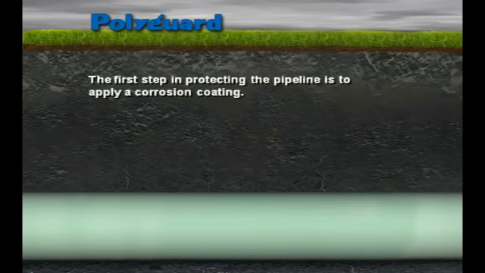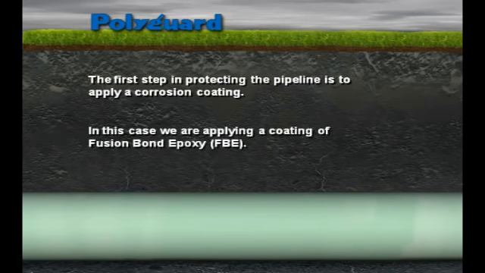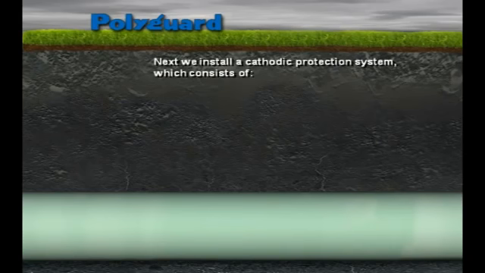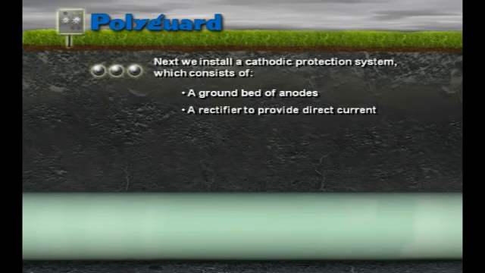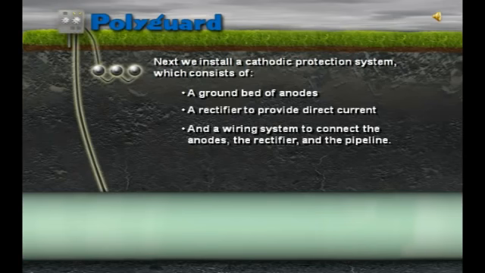The first step in protecting the pipeline is to apply a corrosion coating. In this case, we are applying a coating of fusion bond epoxy, FBE. Next, we install a cathodic protection system, which consists of a ground bed of anodes, a rectifier to provide direct current, and a wiring system to connect the anodes, the rectifier, and the pipeline.